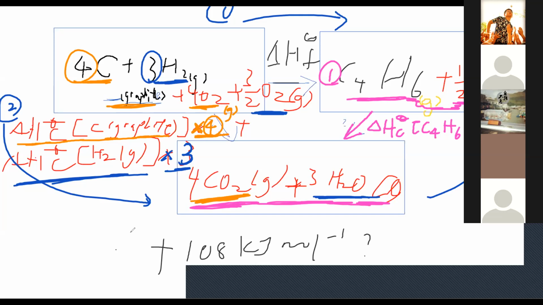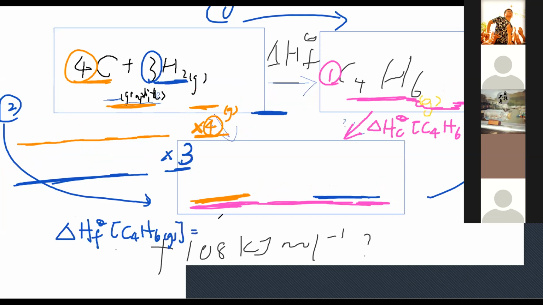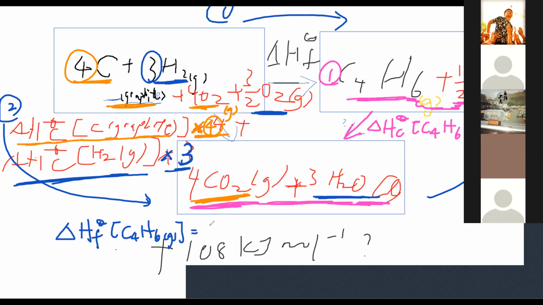So what is that? You are going to have delta H of formation of C4H6 gas, which is equal to this sign, right? So you just copy it.